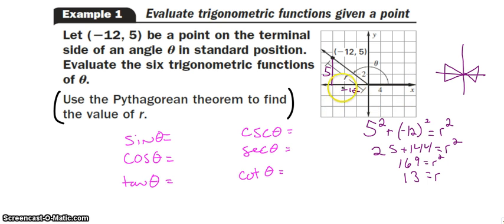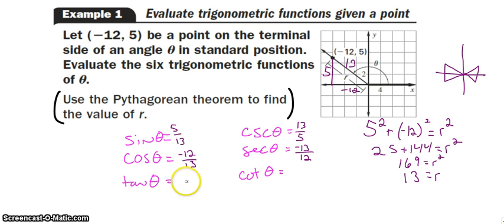So for my sine, I've got 13 here. Sine is my opposite over my hypotenuse, or my y over my radius. So I've got 5 over 13. Cosecant, I just flip it. Cosine is adjacent over hypotenuse, or that x value over my radius. So -12 over 13. Secant, just flip it. It doesn't matter where you put your negative, so long as there's only one of them.